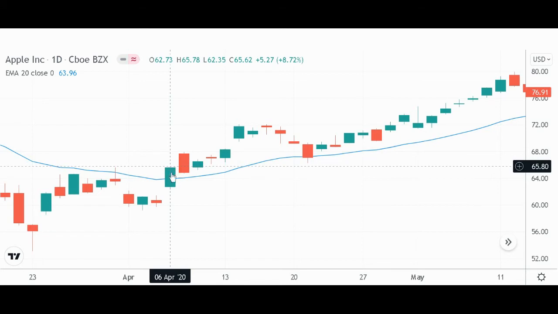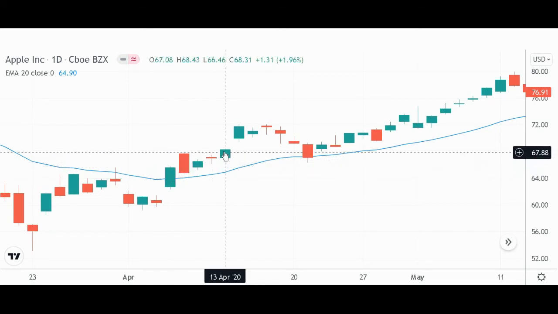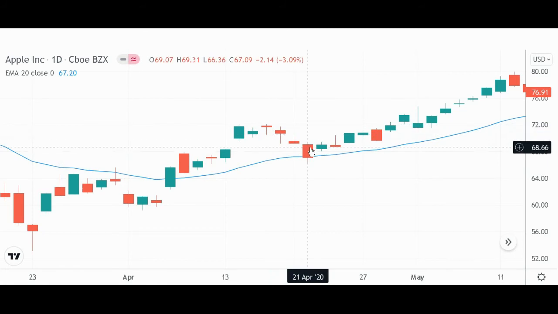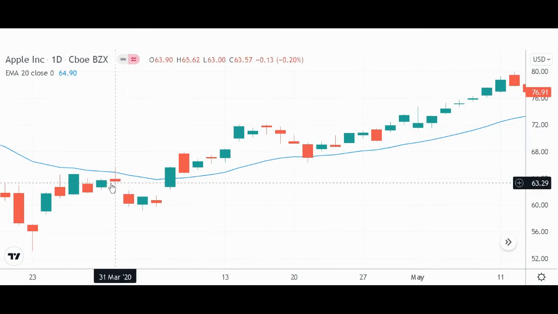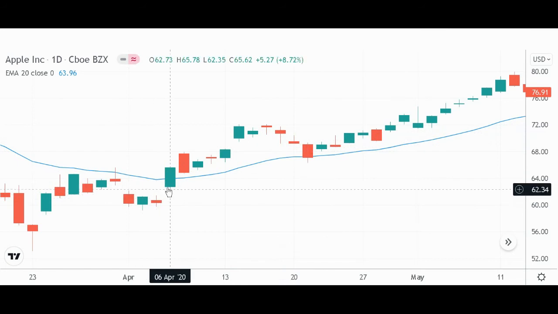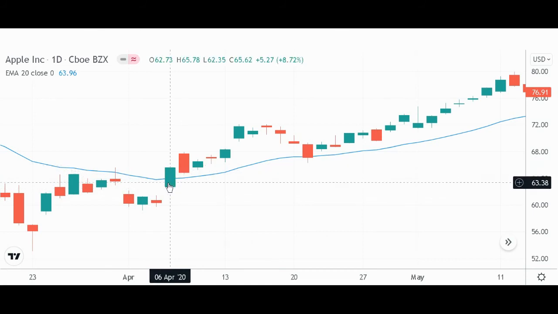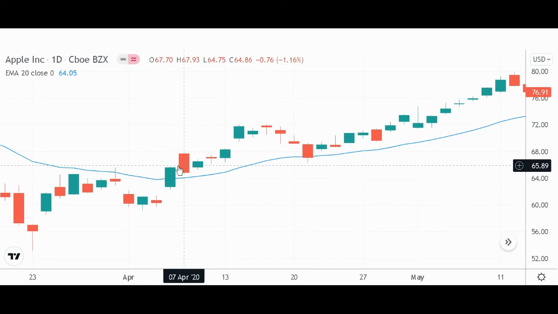The sellers, the shorts, they got rejected once. Then what happened after that? A retest. Okay, first there was a test from below when the bears were in control, the sellers were in control, but they tested from below, but then there was a breakout, right?